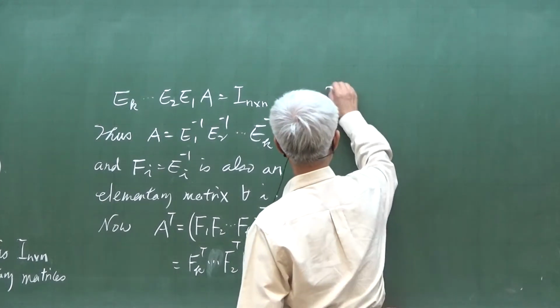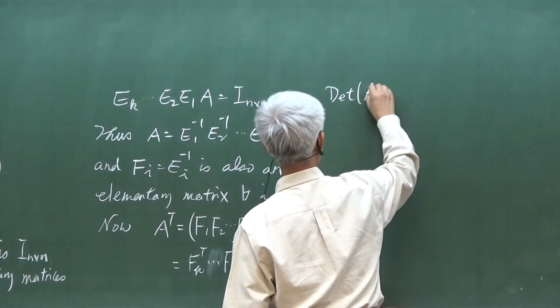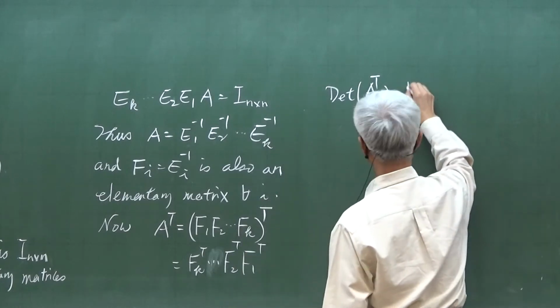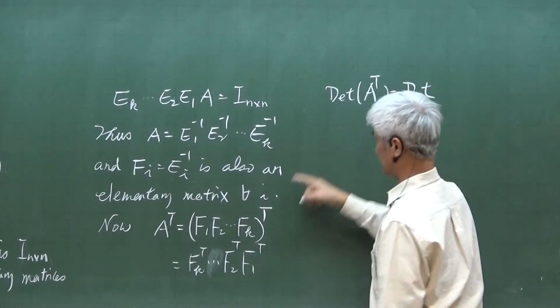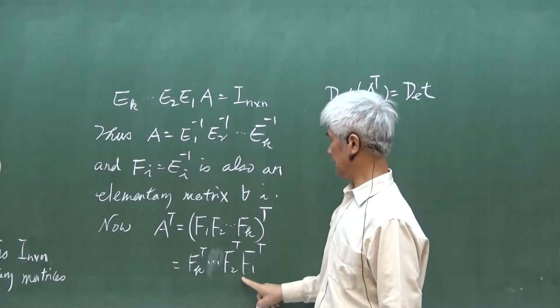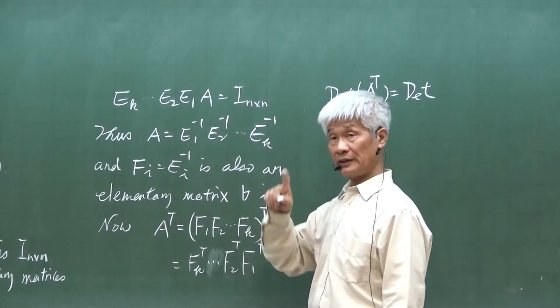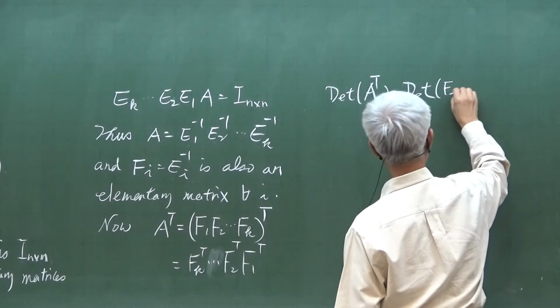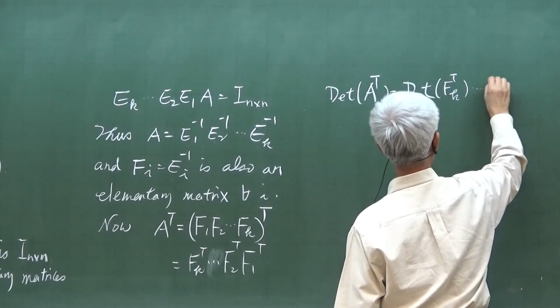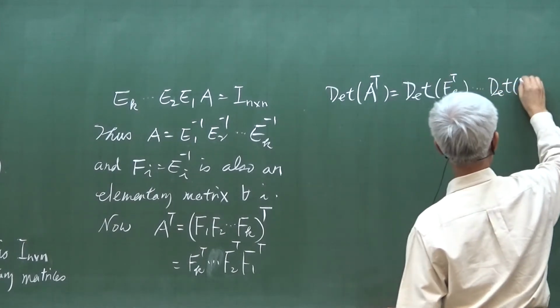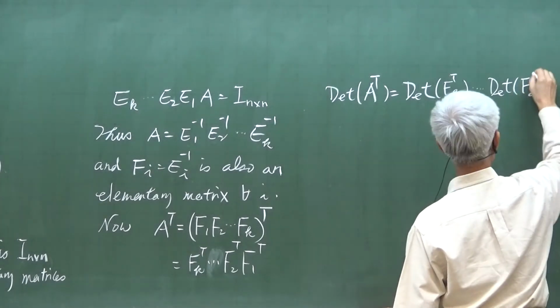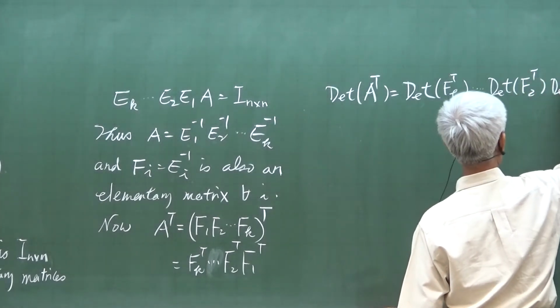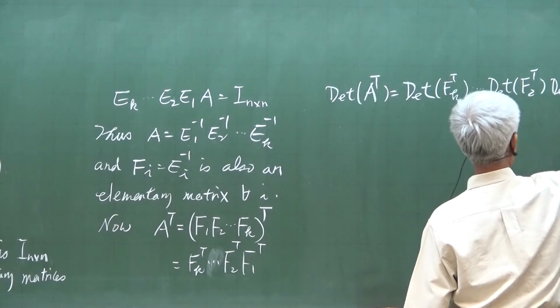Okay, so the determinant of A transpose, because A transpose is a product of k matrices, by the product formula, is the determinant of Fk transpose, up to the determinant of F2 transpose, determinant of F1 transpose.